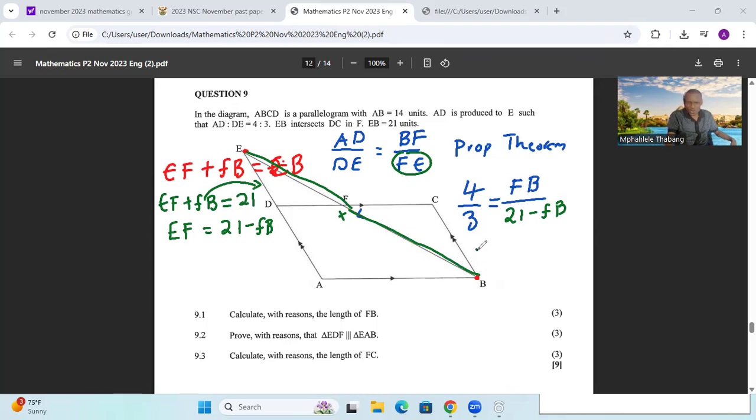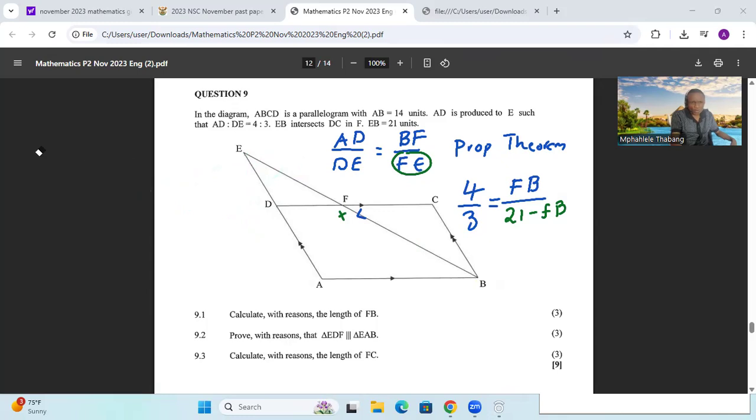I'm running short of space. After cross multiplying, I'm going to say 4 times 21 minus FB is equal to 3FB.